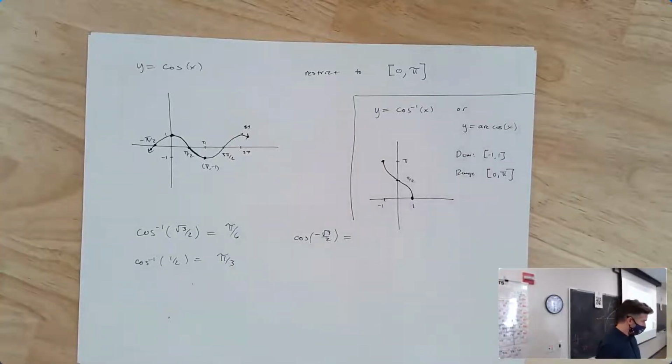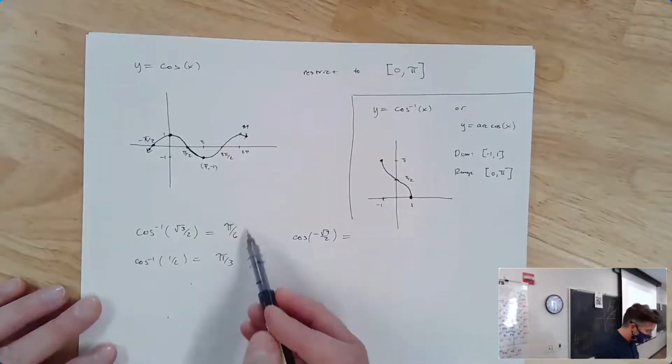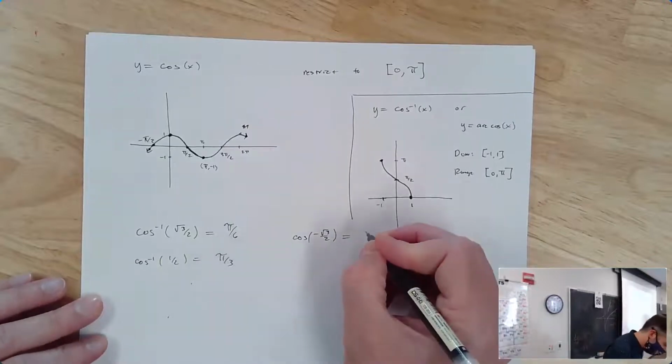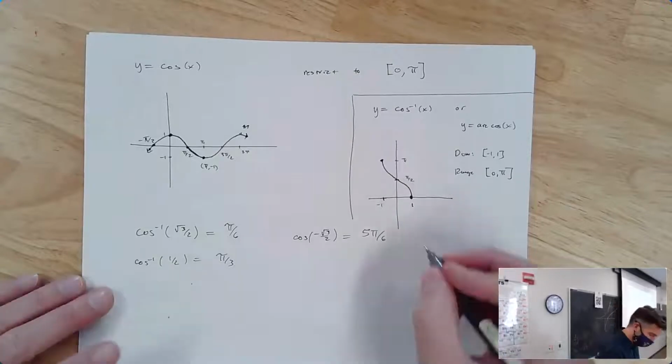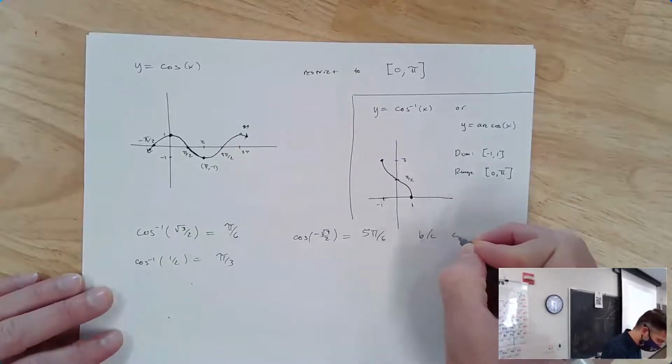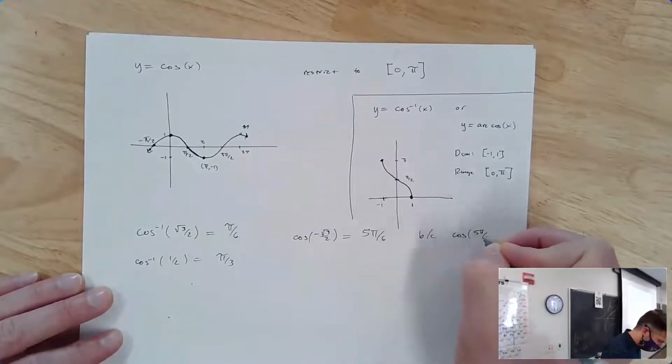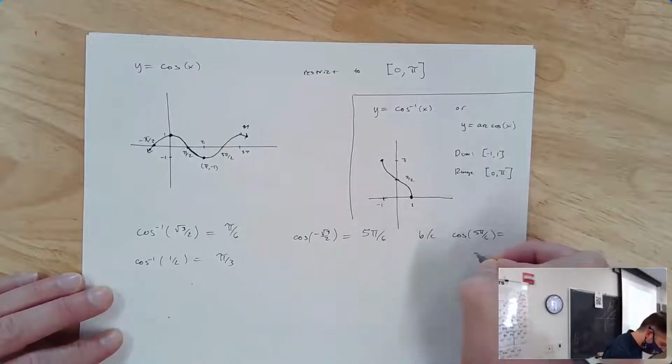So we're looking for an angle whose cosine is equal to negative root 3 over 2. It can't be an angle in quadrant 1 because everything in quadrant 1 gives you positive results. It's got to be an angle in quadrant 2, the angle with the same reference angle as pi over 6. It's 5 pi over 6, because cosine of 5 pi over 6 equals negative root 3 over 2.